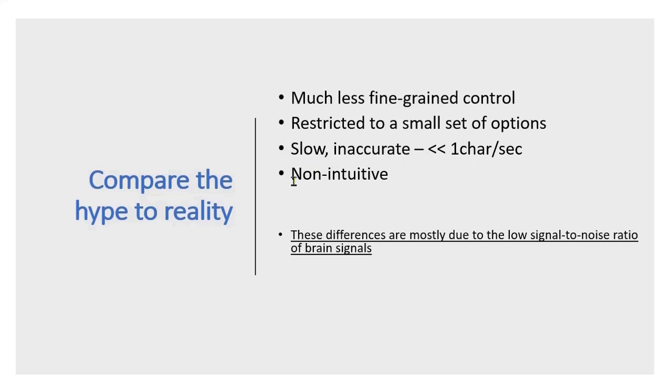And also non-intuitive. Your thinking is not literally being translated into control signals, but you have to develop a different thinking strategy so that you can control an external robotic arm using your brain activity. And also the signals that we record from the brain are corrupted by different sources of noise.